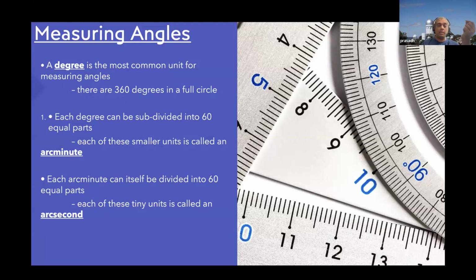When you divide this arc minute further, you take 1 arc minute and divide it into 60 divisions, and one of those divisions is what we call an arc second. It's just a smaller measurement than a degree, and still a measurement used for angles. The reason we use arc seconds mostly in astronomy is because the parallax angles that we are measuring are very, very small. So I hope this answers the question that one of you had, what an arc second means.